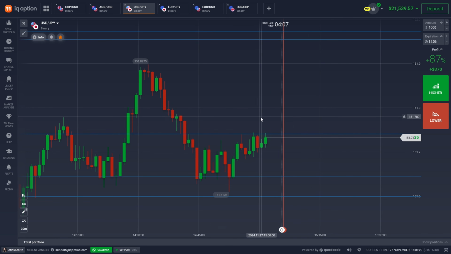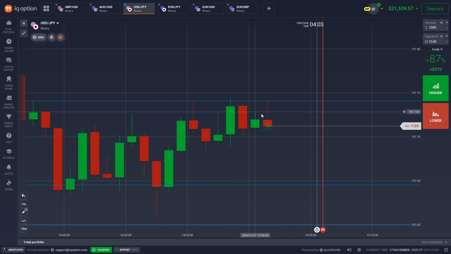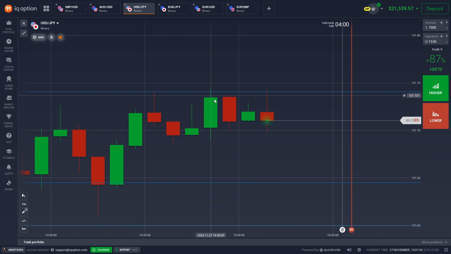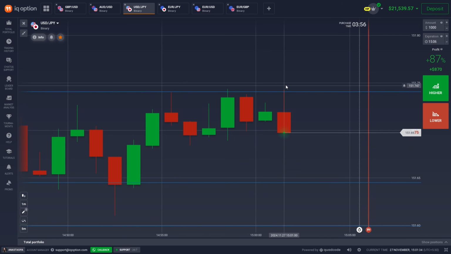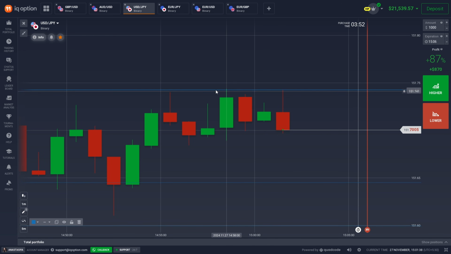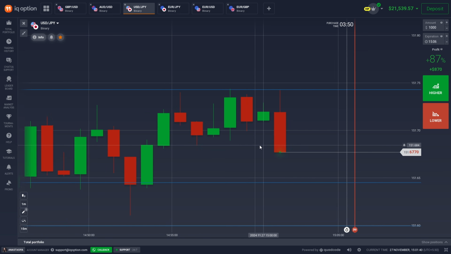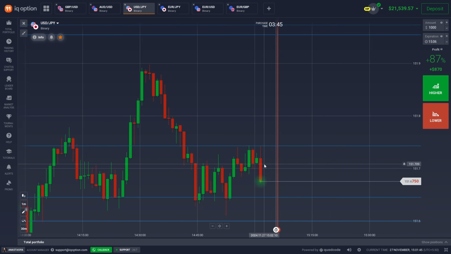As you can see right now, this is where I'm waiting for a breakout. If you look carefully, these two candlesticks show equilibrium. The market again tried, buyers went up to this level, got rejected back, which means that this level holds value and we have to wait until there is a breakout.